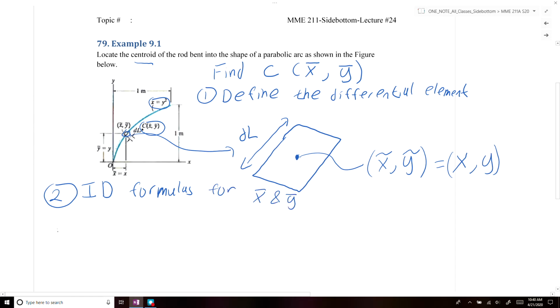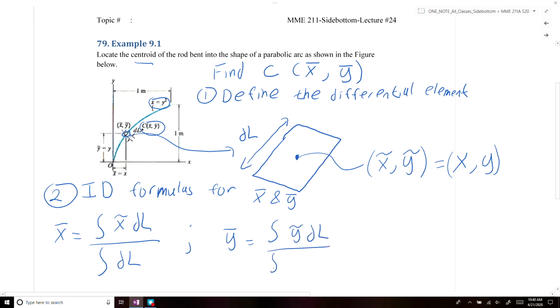If we looked back in our packet or in the book, for a line element, x bar would be equal to the integral of x tilde dl divided by the integral of dl. And then y bar we define as being equal to the integral of y tilde dl over the integral of dl.